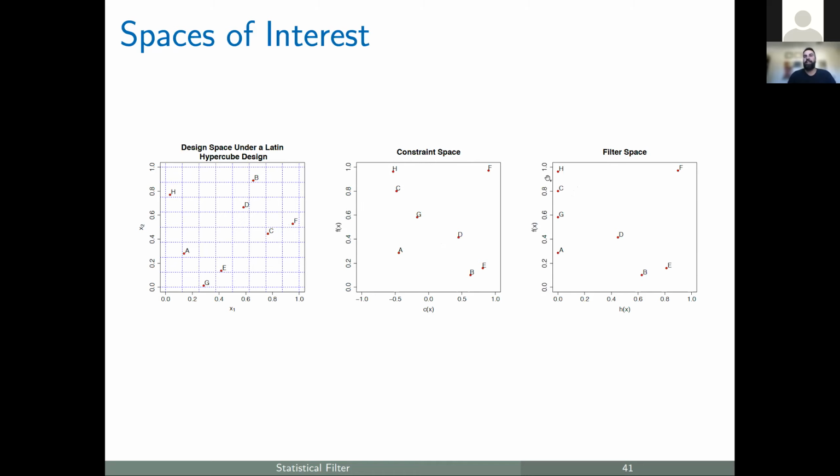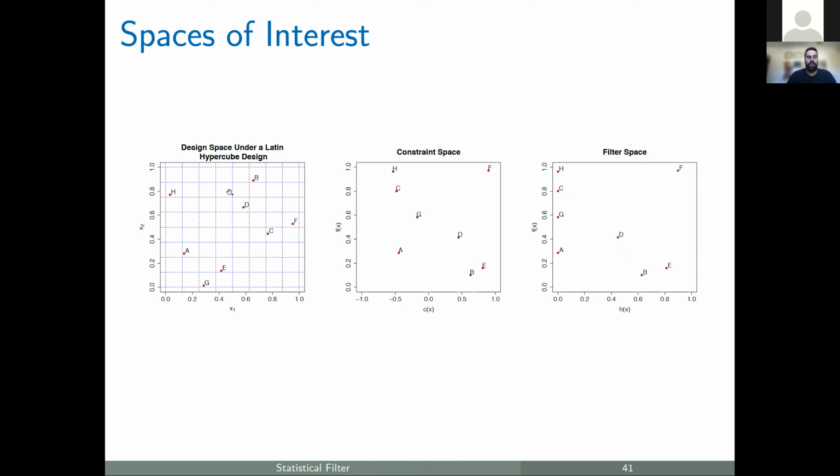The filter space takes this constraint space and maps it such that rather than using C on this axis, now we're using H of X. Everything that satisfies the constraint gets mapped to 0. Everything that has some positive constraint violation is larger than 0. So all the points that live below 0 here in this picture get mapped to the 0 in the H space.